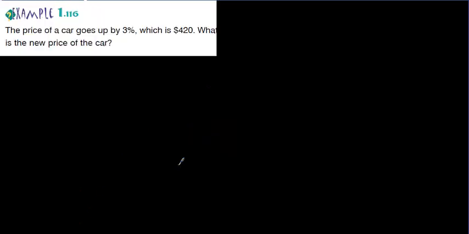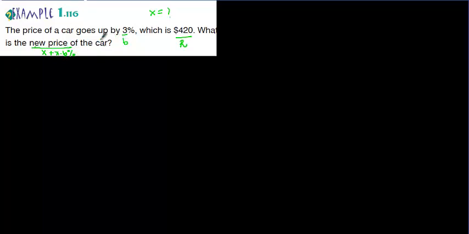Okay, this is the next and the last one. The price of a car goes up 3%, which is 420. So this is the result. This is the b, and we are looking for the x. What is the x? And what is the new price? It is looking for x plus x times b percent.